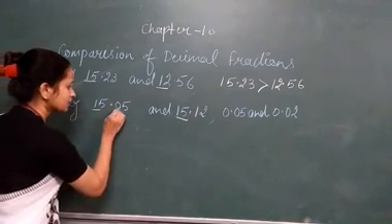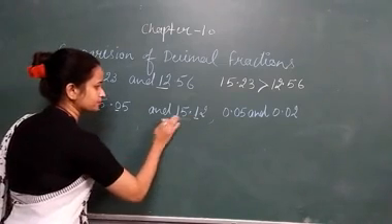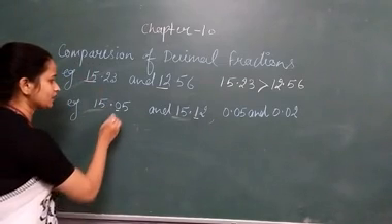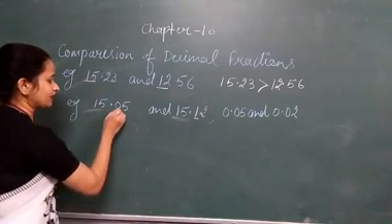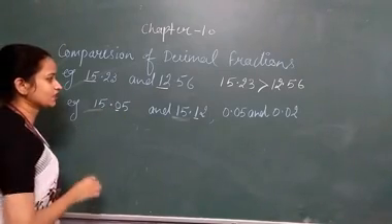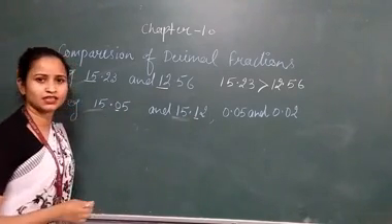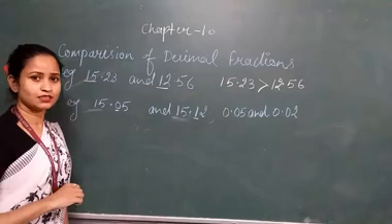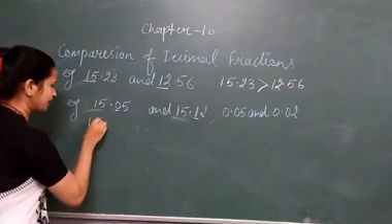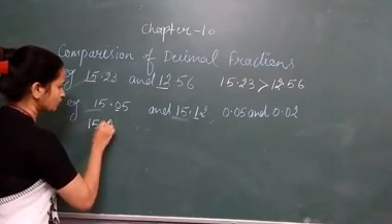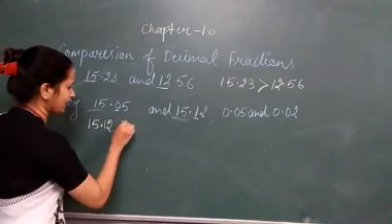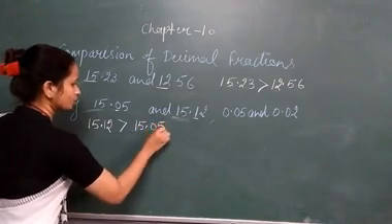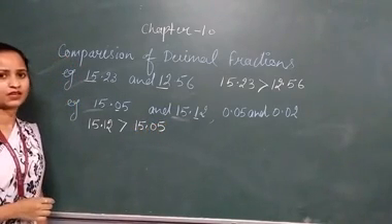Tens means this one. And we can see here at tens is 0 in this, and in this number 1 is there. And we know that 1 is greater than 0. That's why 15.12 is greater than 15.05. Understood?